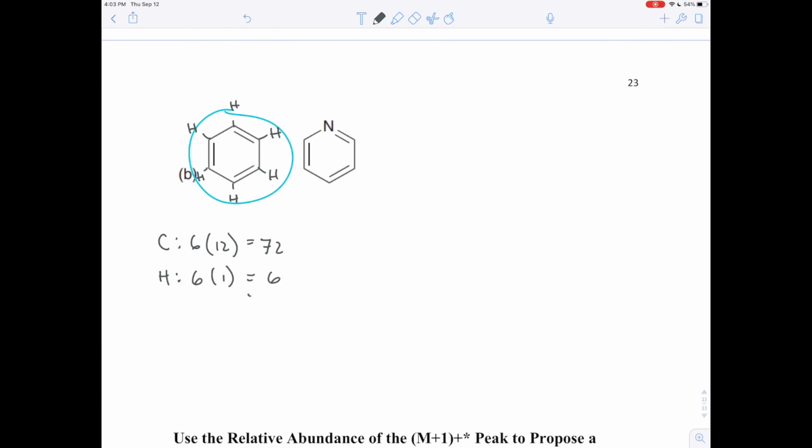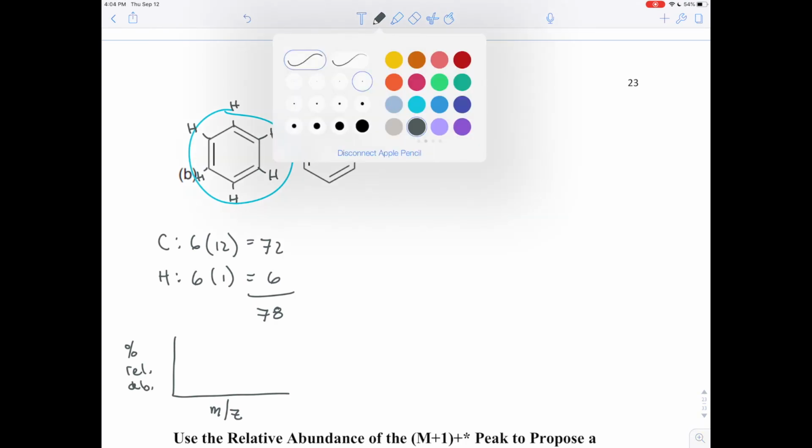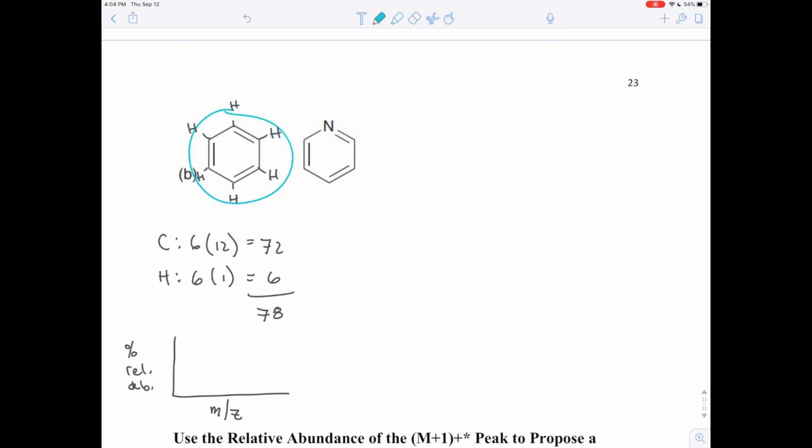Hydrogen weighs 1, so that's 6, so the total mass should be 78. And if you look at the mass spectrum, you would have an m to z ratio, mass to charge ratio, which is really just the mass, on the x-axis, percent relative abundance on the y-axis, and you would notice that at 78, you would have this molecular ion peak.